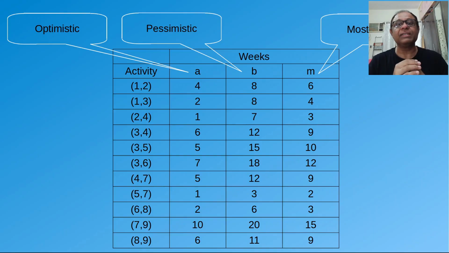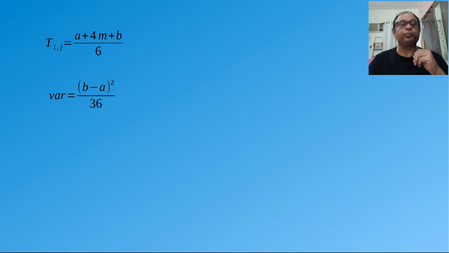B, of course, is the pessimistic time, which is the slowest time to complete the activity, that is, how far it can be delayed or how slowly it can be performed. And M, of course, is the most likely time. In this particular problem, A, B, and M are in weeks.